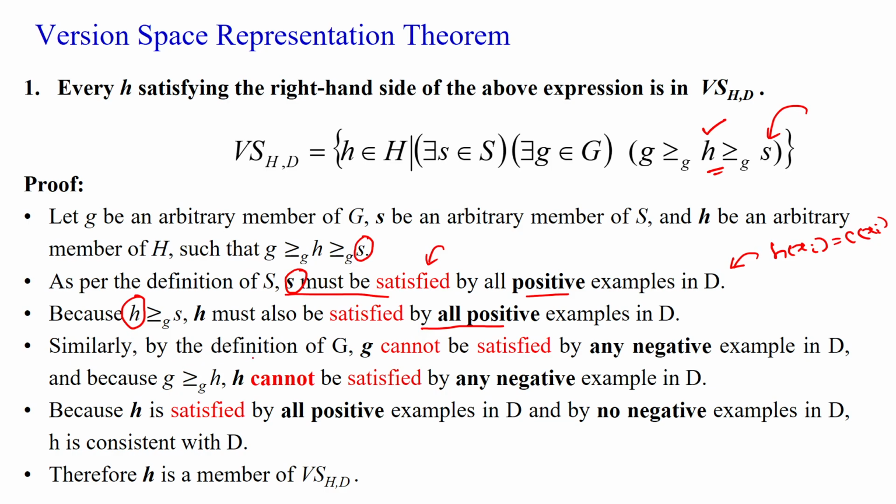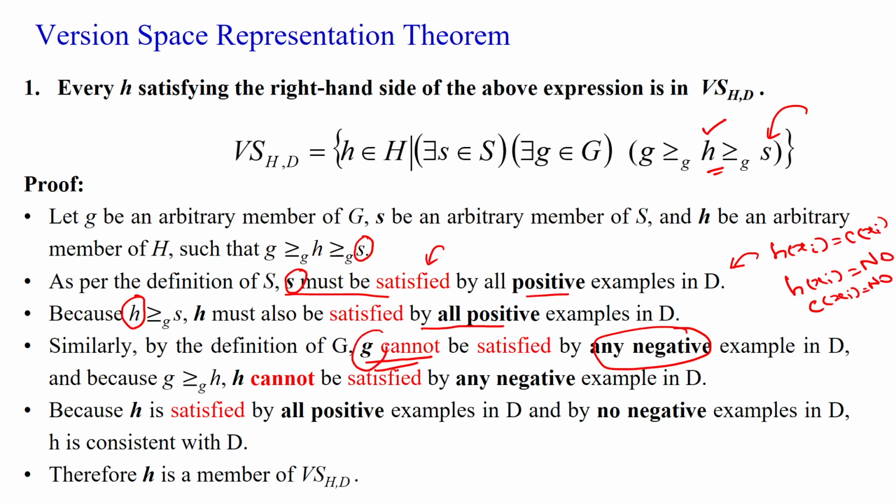And similarly, when we take the negative samples, here G is not at all satisfying the negative samples. That means h of xi equals no, and c of xi is also no. So that is the meaning here, right?